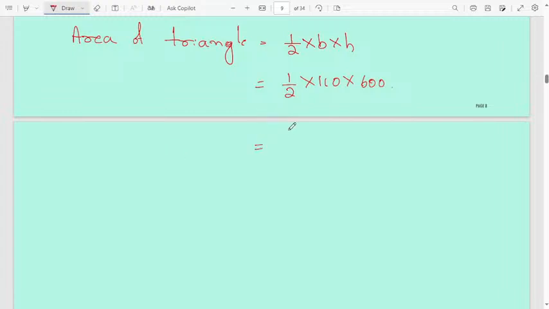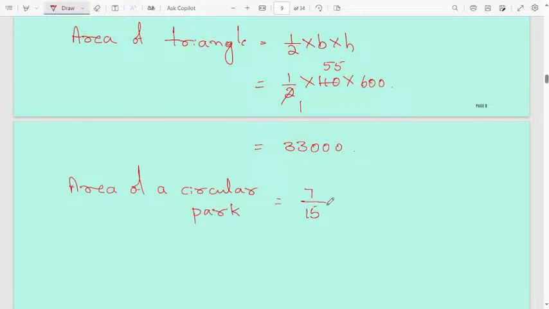Two ones are, five twos are ten, multiply and you will get the value 33,000. Then the area of the circular park will be equal to 7 by 15 times the area of the triangle, 33,000.